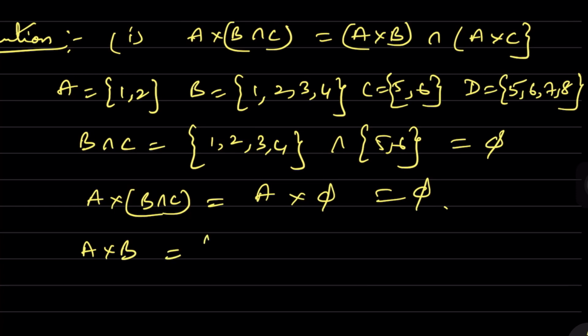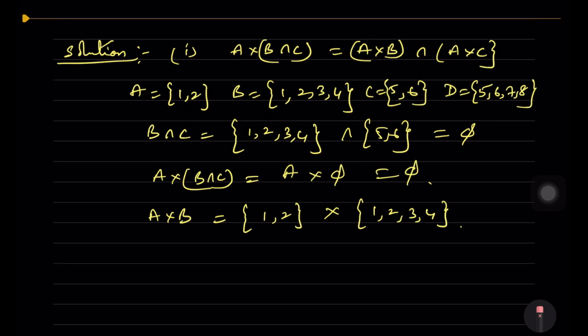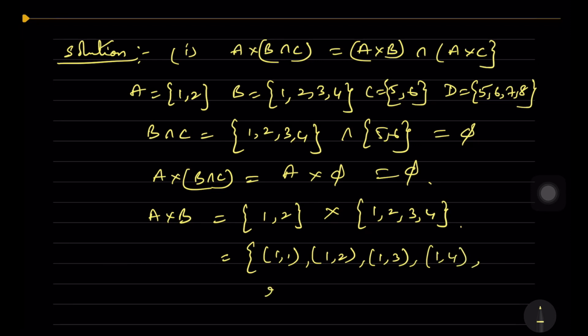Next we have to find out A cross B, which is {1, 2} cross {1, 2, 3, 4}. A cross B is equal to (1, 1), (1, 2), (1, 3), (1, 4), then (2, 1), (2, 2), (2, 3), (2, 4).